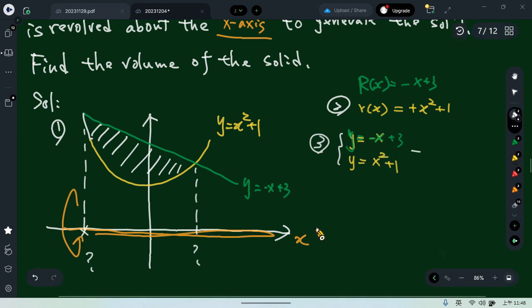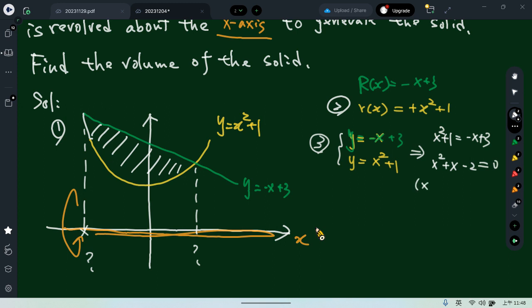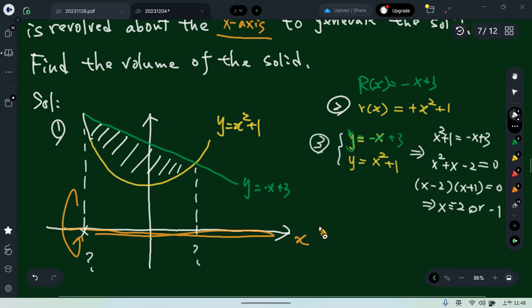Then we get x squared plus 1 is equal to minus x plus 3, so x squared plus x minus 2. Sorry, maybe I just made some mistake.